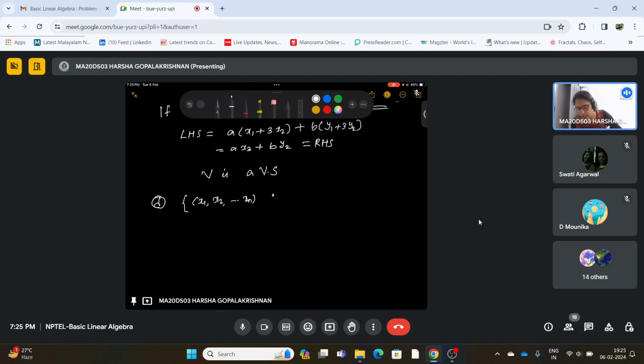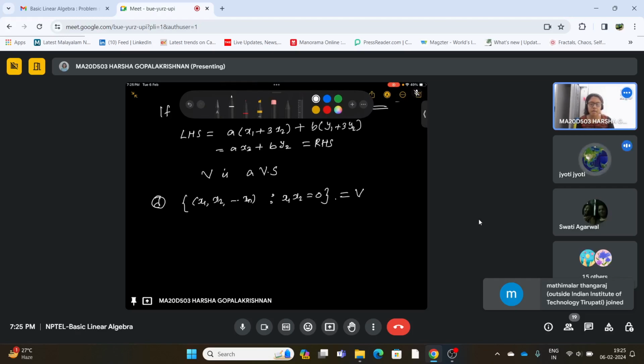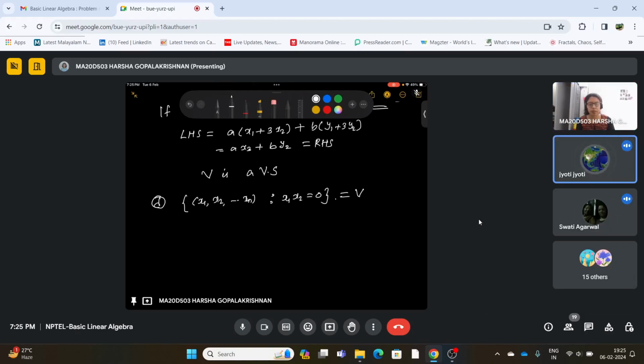The set of (x1, ..., xn) such that x1 x2 equals 0. Okay. What about this? Is this a vector space or not? No. Can you give some counterexample now? Yes.